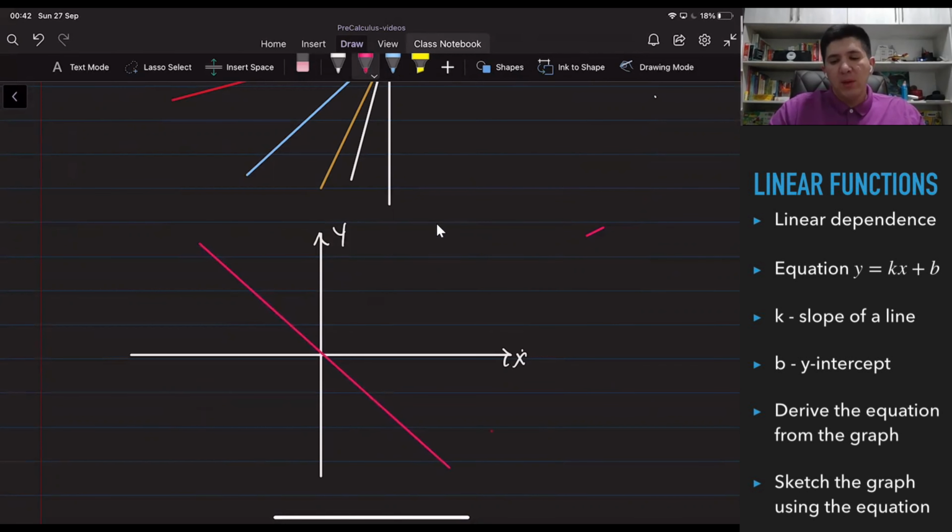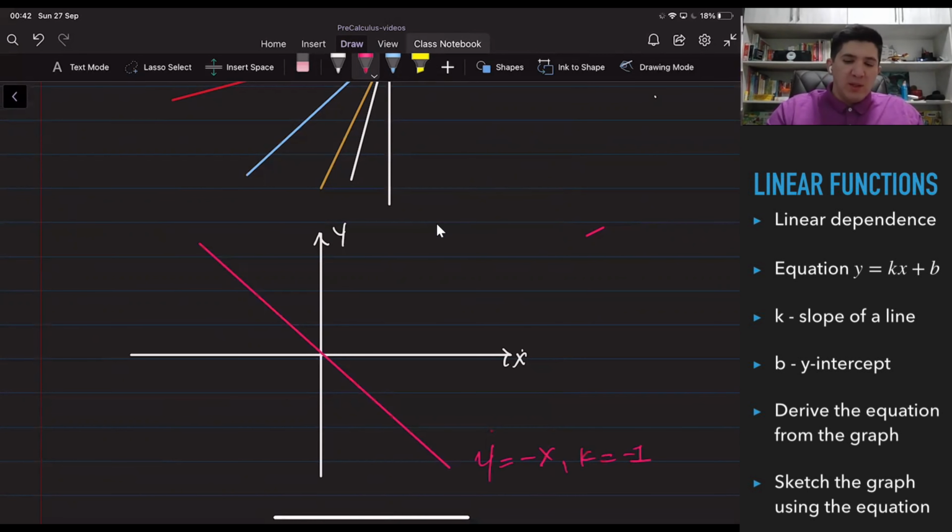For example, this line, which basically splits the second and the fourth quarters into two, has the following equation: y is equal to minus x, where the k is equal to minus 1, right? Again, if you remember, the general form of the linear equation is kx plus b. And if the b is equal to 0 and k is equal to minus 1, then your equation is going to be y is equal to minus x, right?